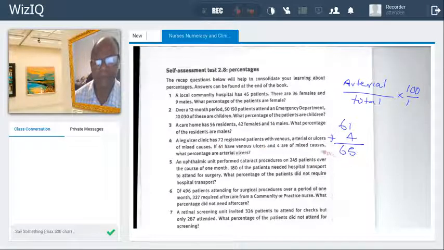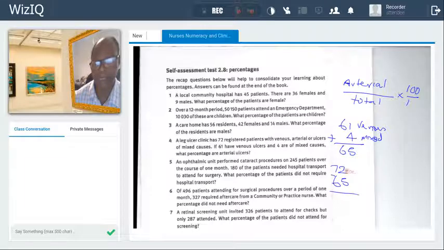So this is mixed, and this is venous. So what is missing is the arterial. So we know the arterial ulcers are going to be 72 take away 65. Let's put it in vertical. So take away 65.